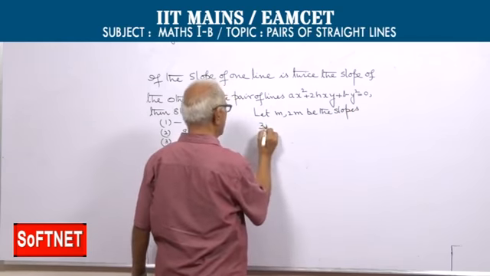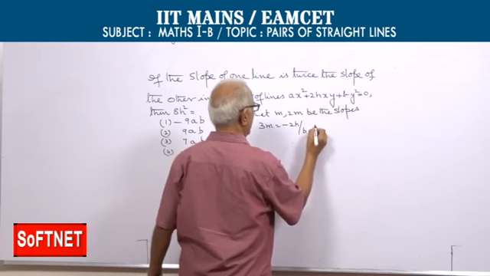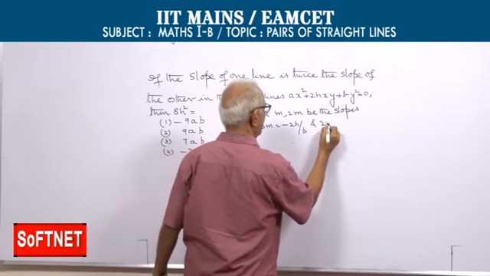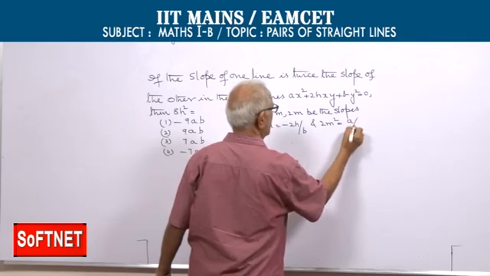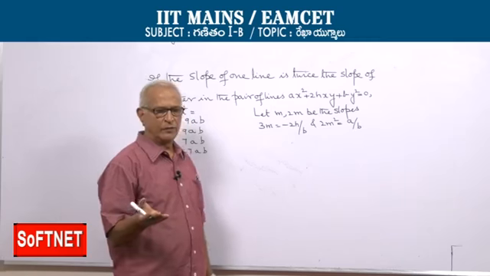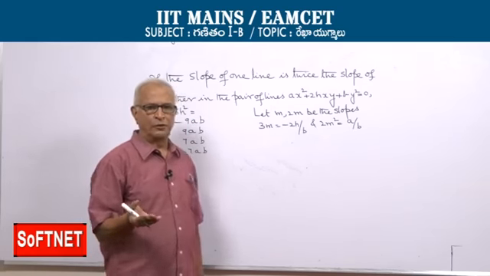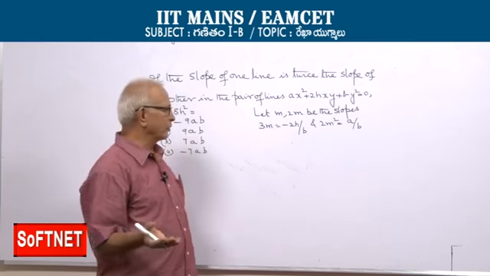Then sum of the slopes is 3m equal to minus 2h by b, and the product of the slopes is 2m square equal to a by b. Product of the slopes 2m into m is 2m square, a by b. Sum of the slopes is 2m plus m, that is 3m, equal to minus 2h by b.